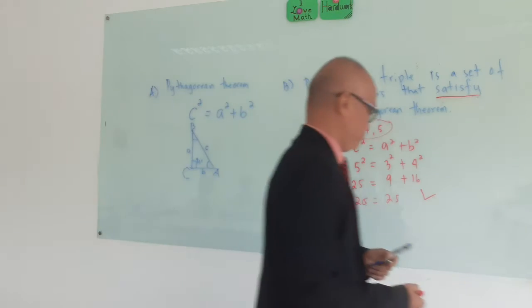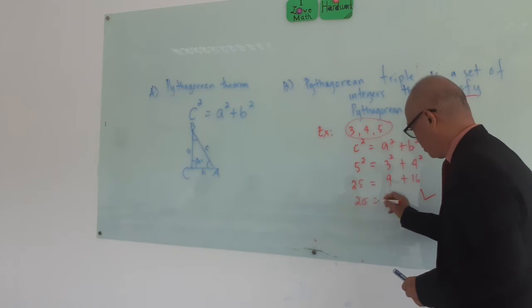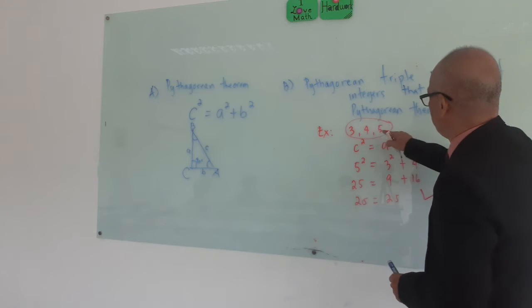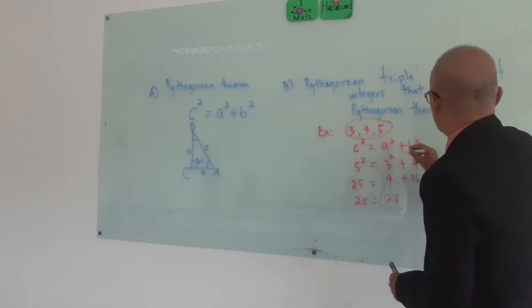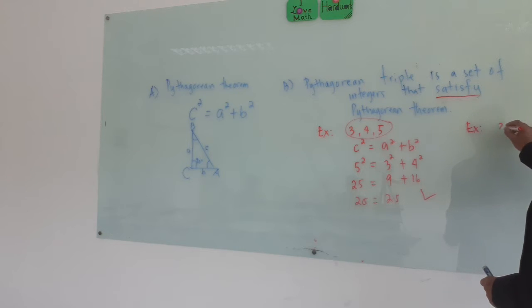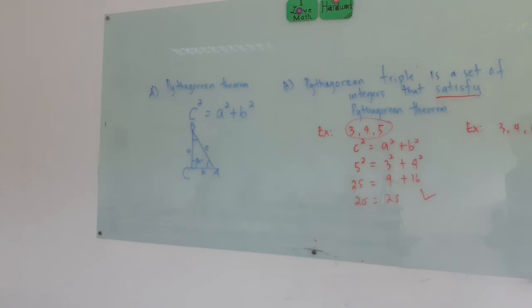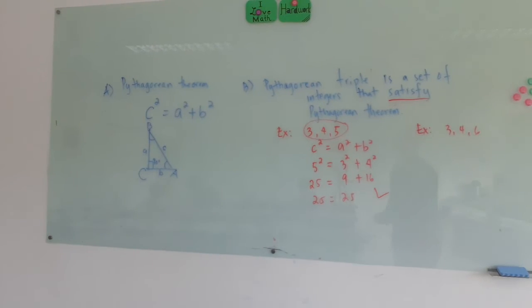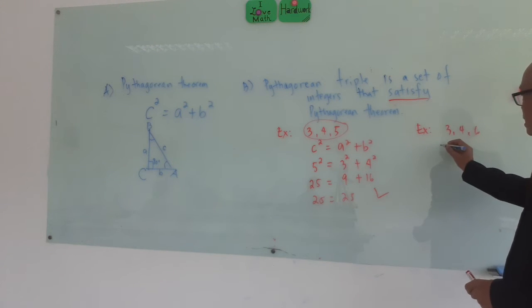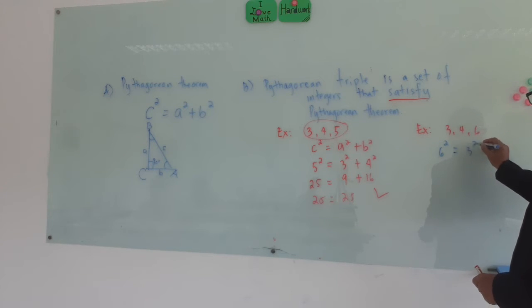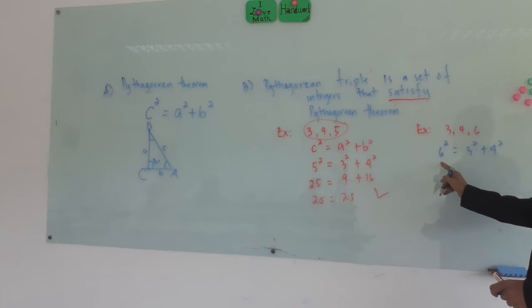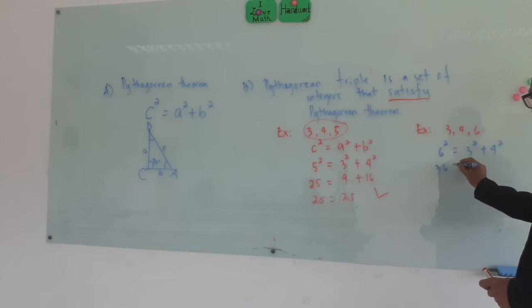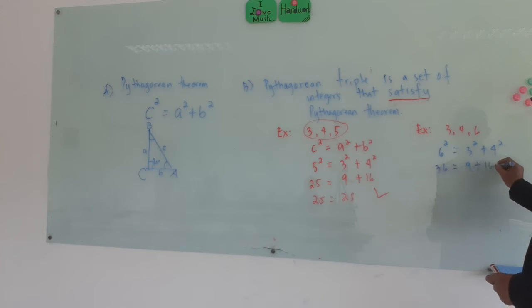Now, if it doesn't satisfy, meaning this is not equal, we'll try another one. For example, 3, 4, and 6. This is the longest. 6 times 6 is 36, equal to 9 plus 16?